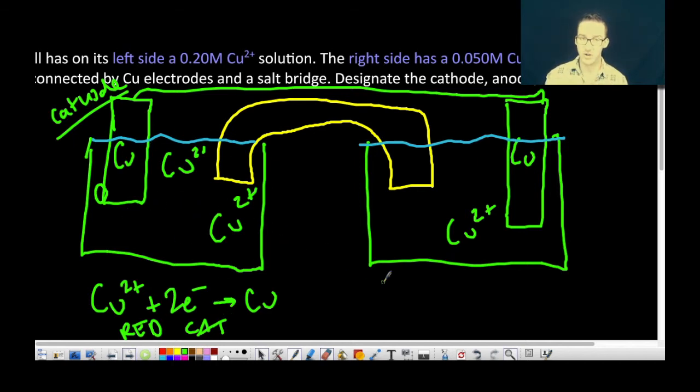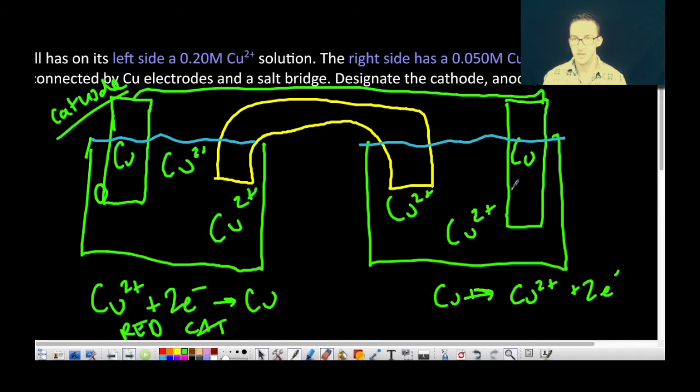Which means that if we're having reduction occur over here, we're having oxidation occur over here. So the solid copper is over here losing some electrons to form more copper ion in solution. This is going to happen until the concentrations are the same.